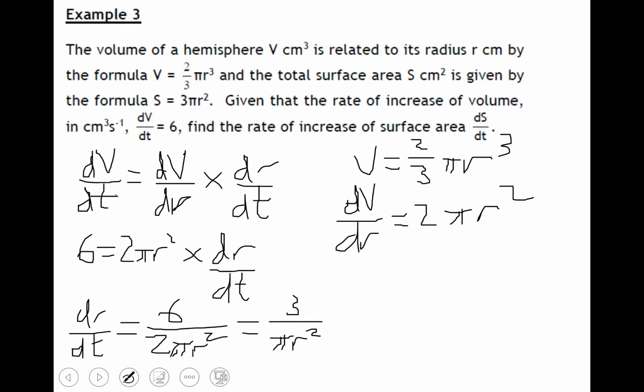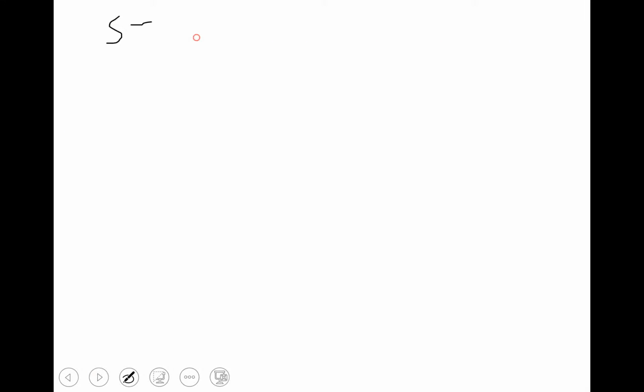Now we want the rate of increase of surface area, dS by dt. We've got a formula for S. So S equals 3 pi r squared. So differentiating dS by dr, 3 times 2 is 6. So we get 6 pi r.